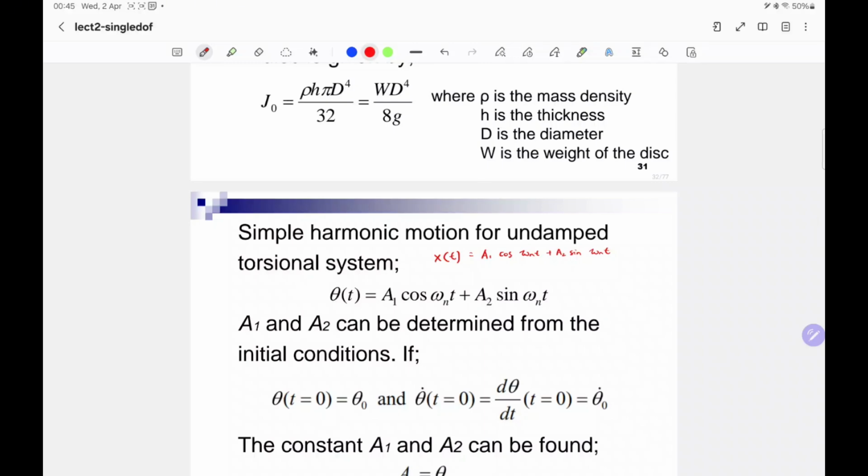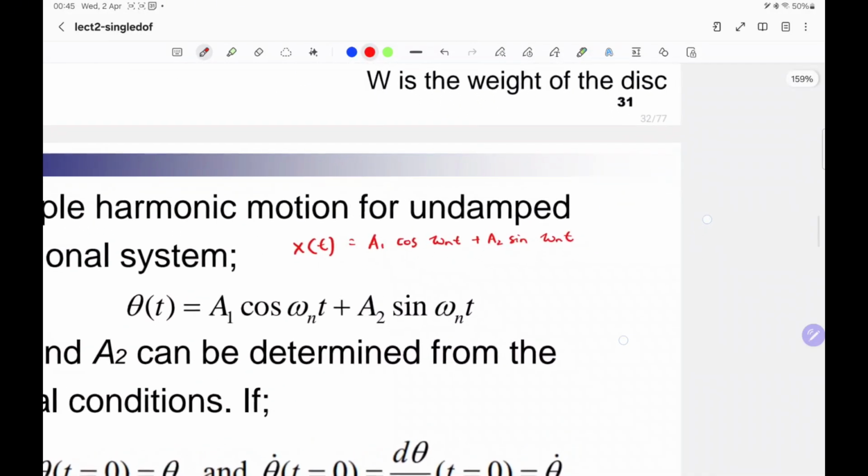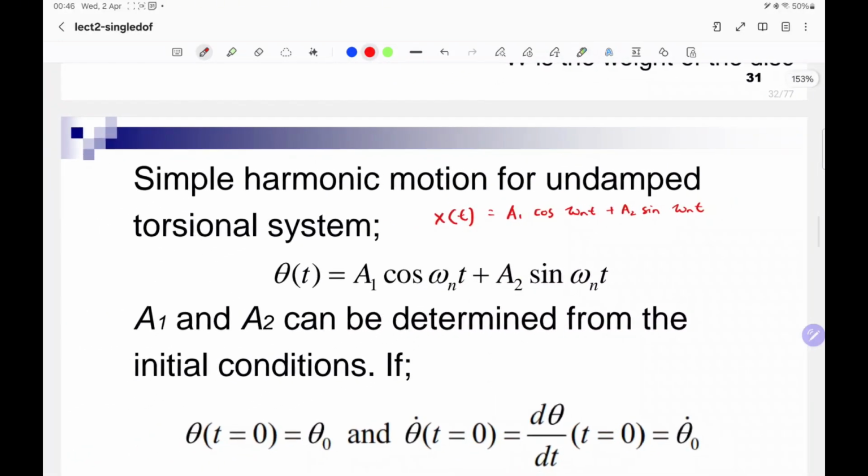In terms of response, if you still remember from our previous lecture, this is the response for translational system. But now since we are considering rotational system, x becomes theta, time remains time, and it equals a1 cos omega n t plus a2 sine omega n t.